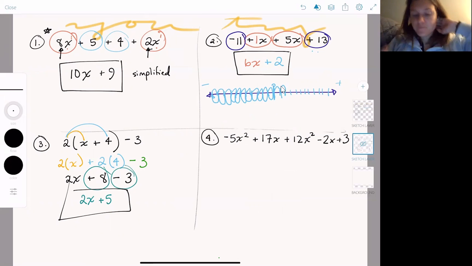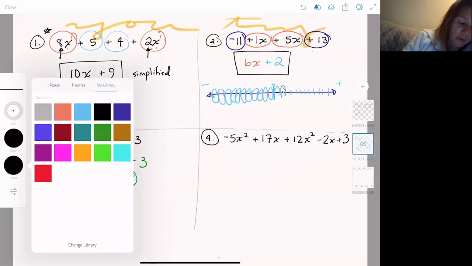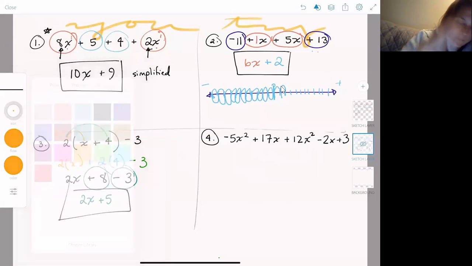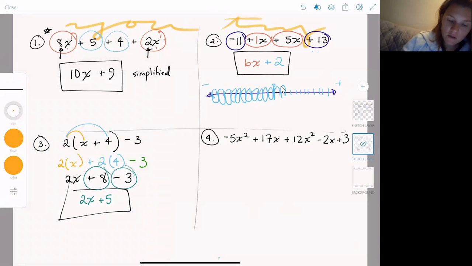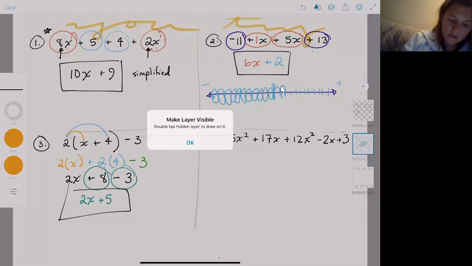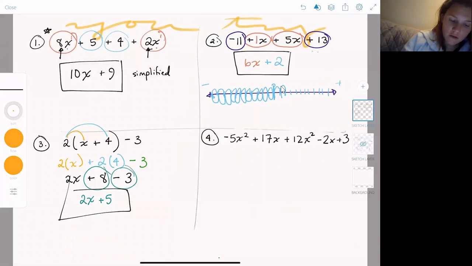All right. So again here, we want to look for variables with the same exponents. So here I see x squared here, and x squared here. So I want to combine these two.